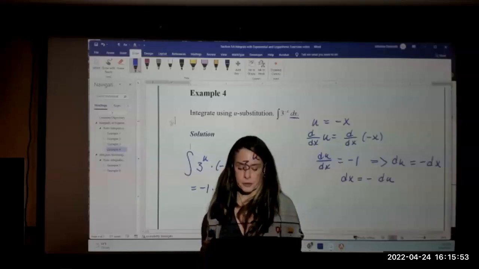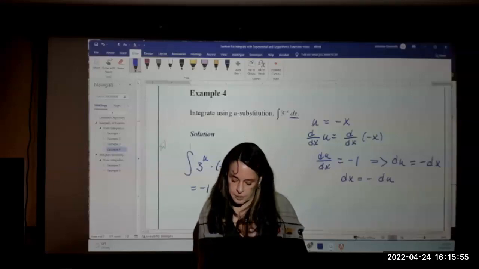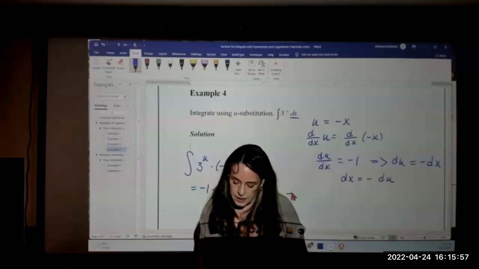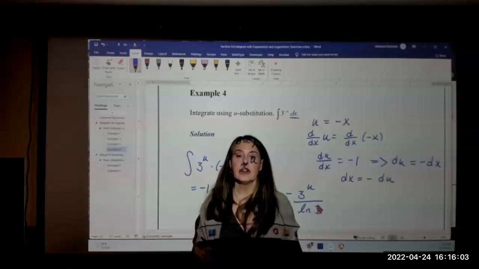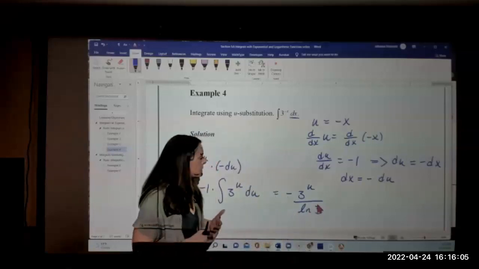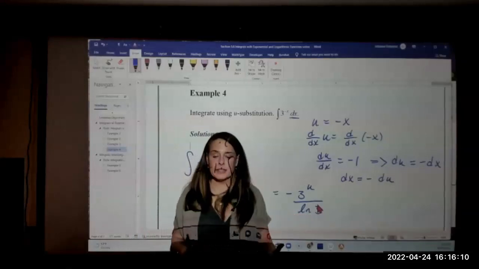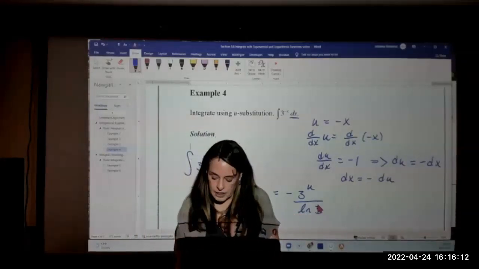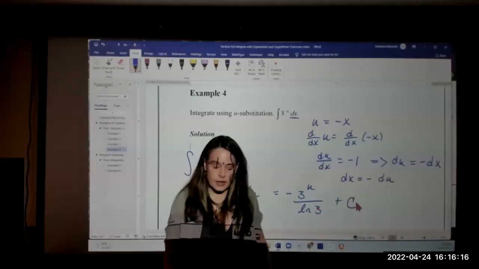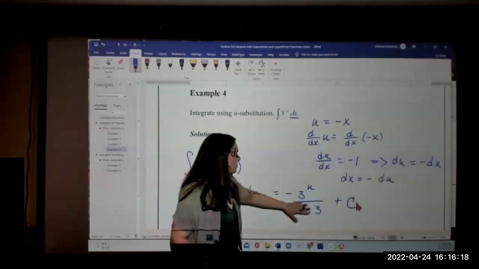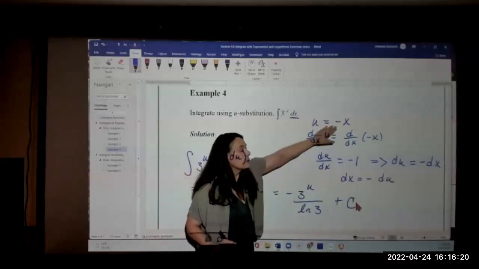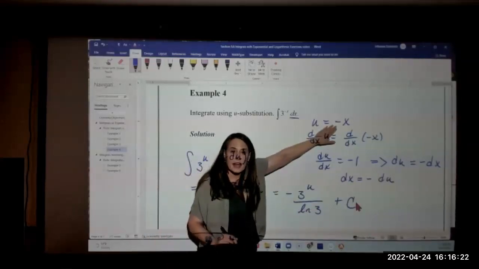Now the integral of 3 to the u, as we saw at the very beginning, is going to be 3 to the u divided by the natural log of the base. The base is not e, and the natural log of e is 1, so it remains natural log of 3. Now this is an antiderivative function, so we have this only up to a constant plus c. Now the next thing we want to do is we want to replace the u with what it originally was to go back to x.